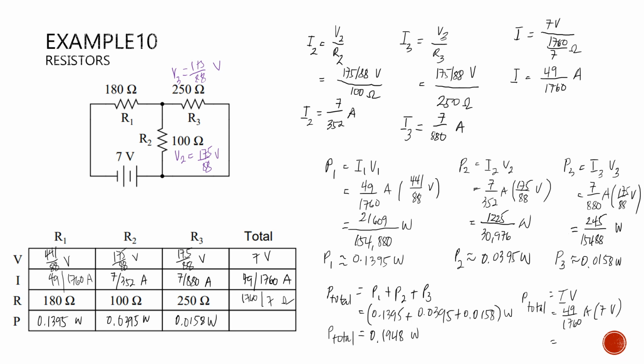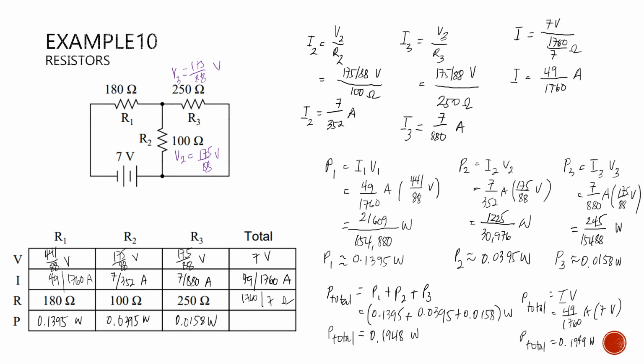Okay, so a slight difference in the last decimal place. If we use the exact value, we'll get 0.1949.